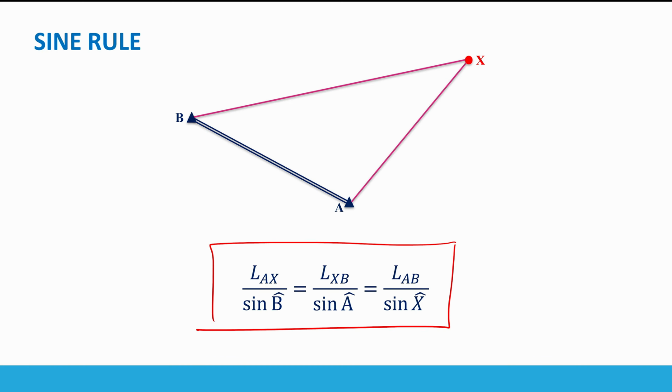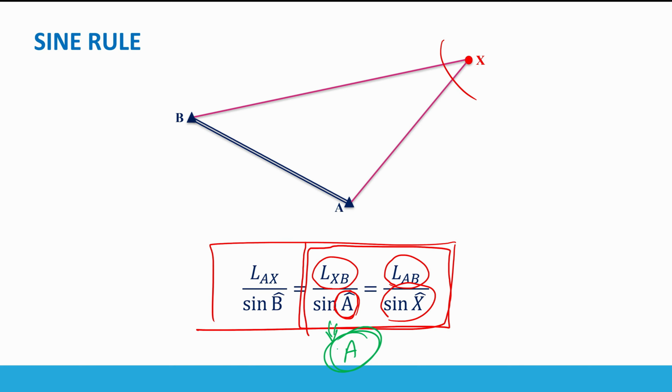So now, for example, let's take this part of the relation, which says the length of XB, which is known, divided by sine A. A is unknown, and our aim is to find angle A. It should be equal to the length of AB, which is known, divided by sine X, and sine X is known because X is known. So the only unknown here is angle A. So from here I can calculate the value of angle A. And similarly we can do this for angle B.